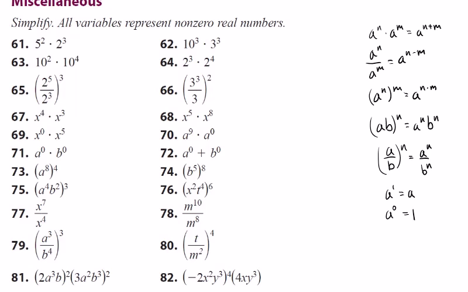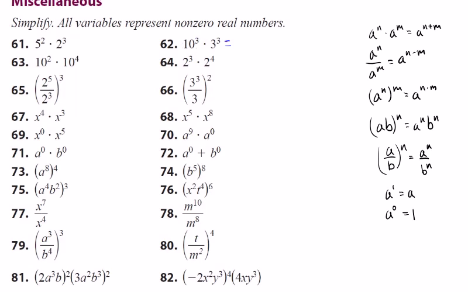So number 62, there's a couple ways we can do 62. For the sake of time, I think probably the most straightforward is to evaluate each exponential expression first and then multiply, right? Basically just follow order of operations. You could also use the power of a product rule backwards and condense those into one product to the third power, but I think this way is a little more straightforward.